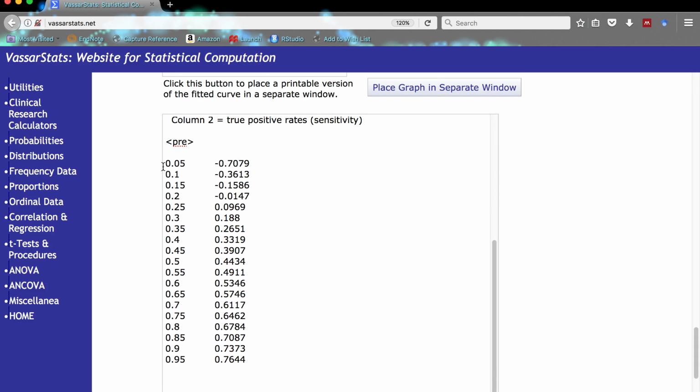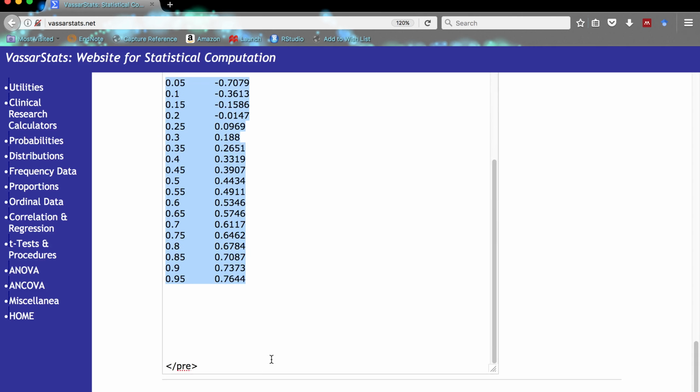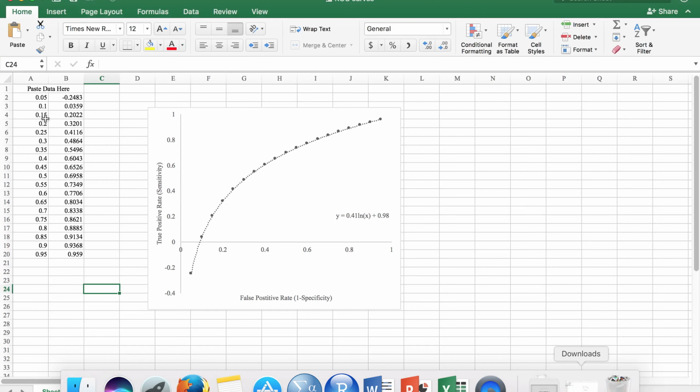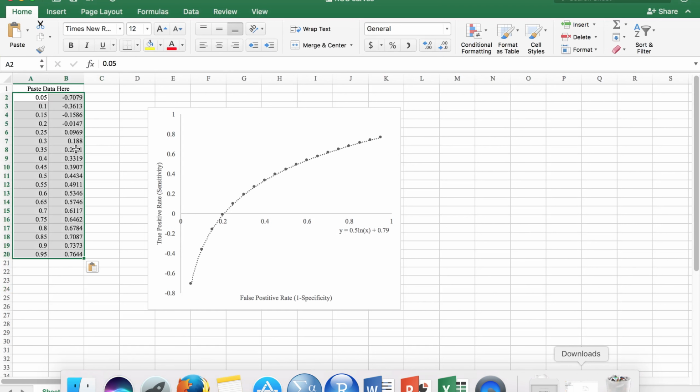And what we can do to make that picture is copy down there predicted statistics here. And I created a little Excel sheet where I can paste my data from VassarStats into Excel, and it will auto-calculate or auto-create you a picture of that data.